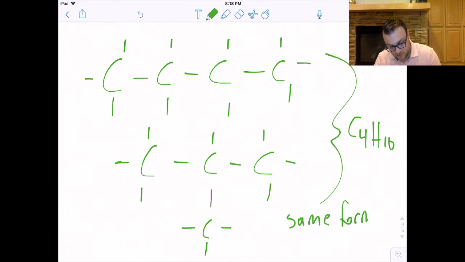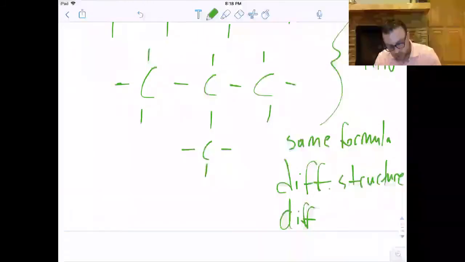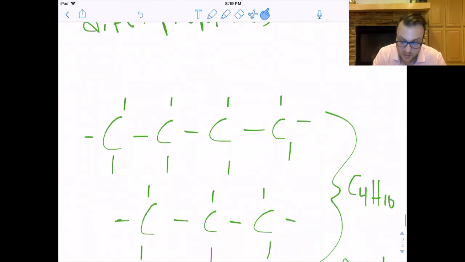Structure determines function. I am very hopeful that your biology teachers made that very clear. Structure determines function. That is a huge principle of biology. So even though these are both C4H10, even though these are both carbon compounds, even though that one oxygen is O2 and that other one is O3, it's just one little teeny extra oxygen, they have different structures, which means they have different properties.